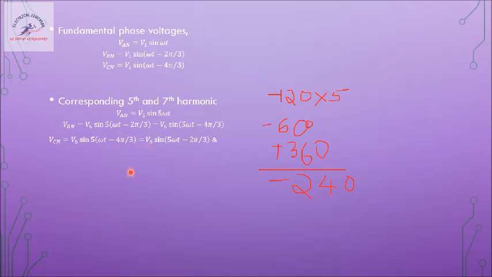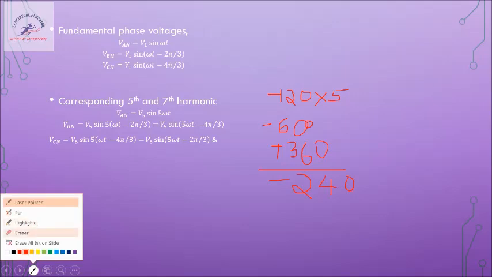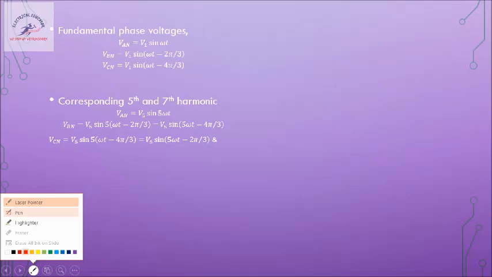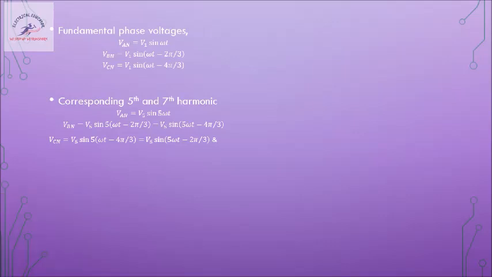Let us open the brackets now. Similarly, we multiply the minus 240 inside the brackets by 5. So what do we get?